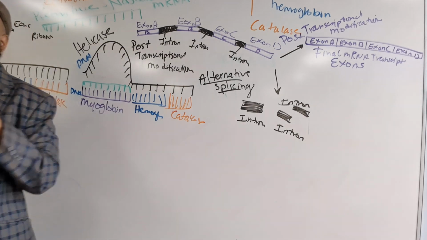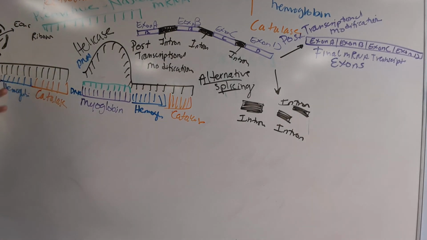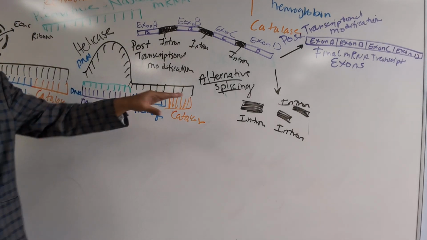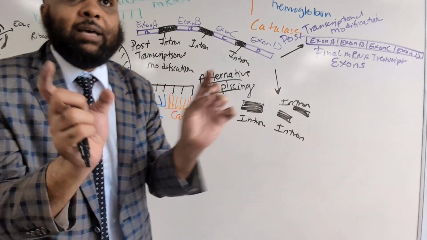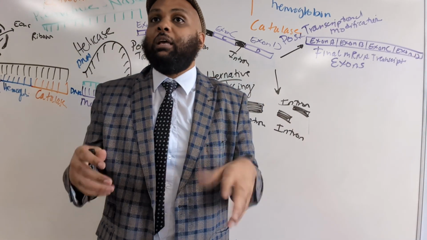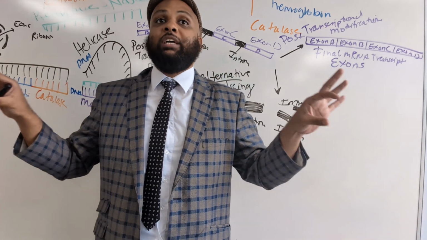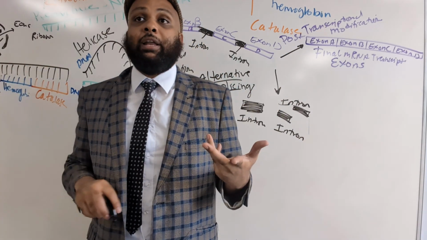So introns get cut out and left behind temporarily. Then the cell will do alternative splicing to reassemble them together, recycle them, and make some useful mRNA transcript.